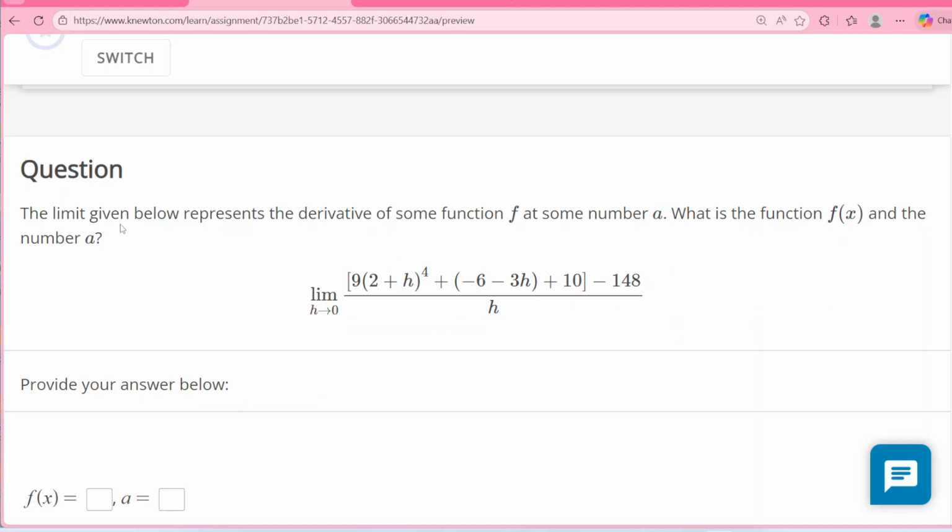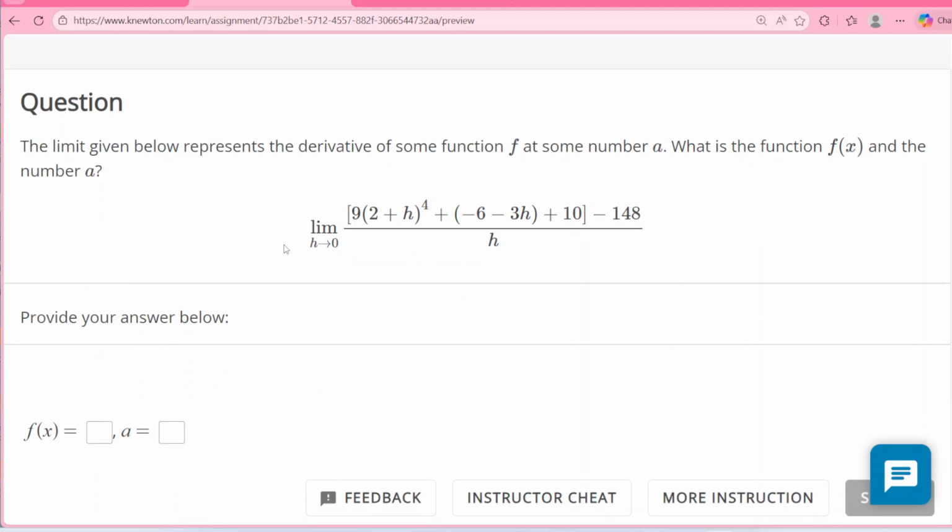So it says the limit given below represents the derivative, right? The slope of the tangent line, which is the limit of the slope of a secant line, the limit of a difference quotient of some function f at some number a. What is the function f and the number a?